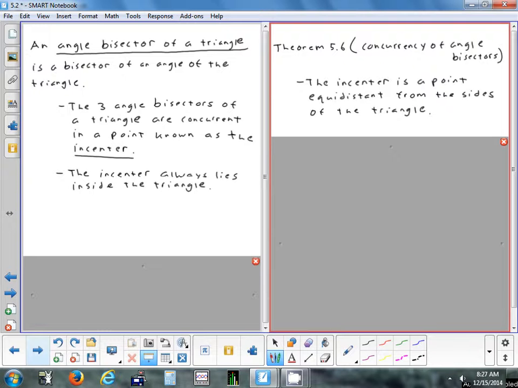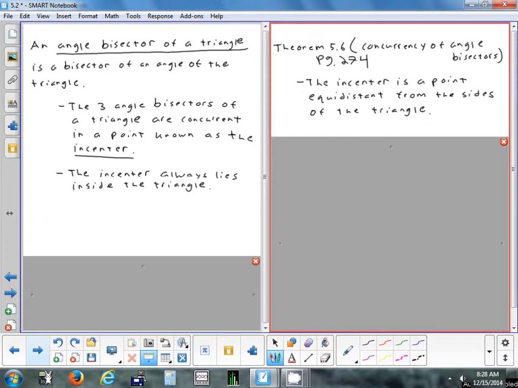Okay, let's take a look at Theorem 5.6. Okay, so that's page 274. So the incenter is a point that is equidistant from the sides of the triangle. Okay?